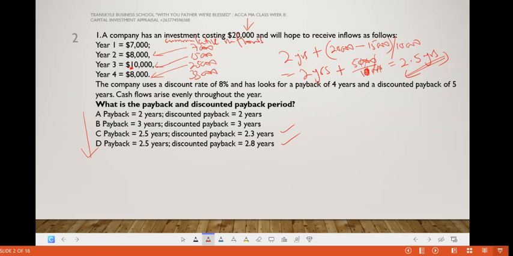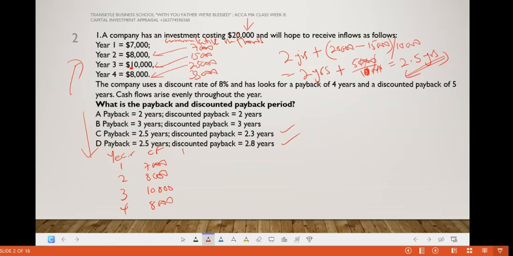For the discounted payback period, you can come up with a table again as above. We've got years, year 1, year 2, year 3, year 4, and we've got the cash flows. Year 1 is 7,000, year 2 8,000, year 3 10,000, year 4 8,000.